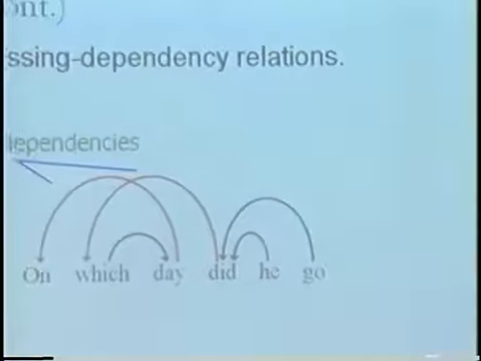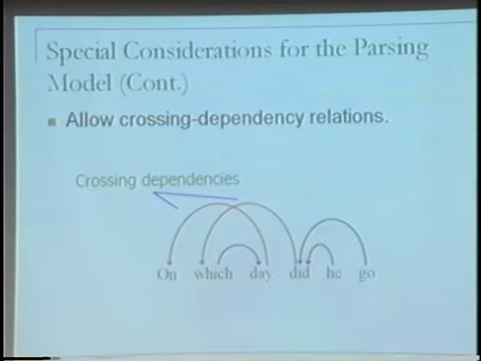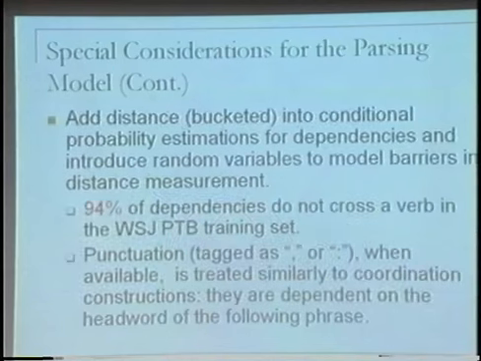So we have synergistic information, and we also allow crossing dependencies. Crossing dependencies occur when you have WH movement, because remember we have the verb point to the WH word, and in the case where you have a prepositional phrase, like in what country did you buy that, right? You point at what, and under those circumstances you'd have crossing links in terms of the dependencies. And you can actually learn when a crossing dependency is allowed versus not allowed.